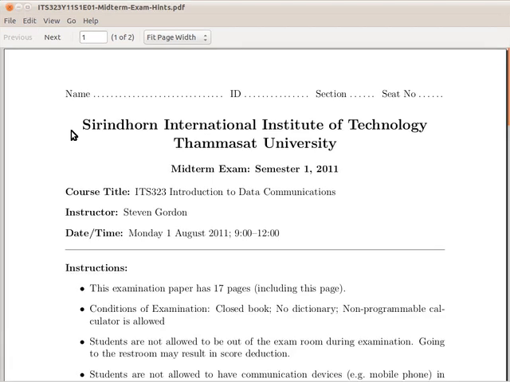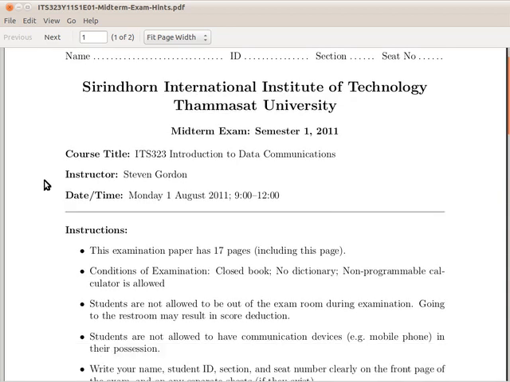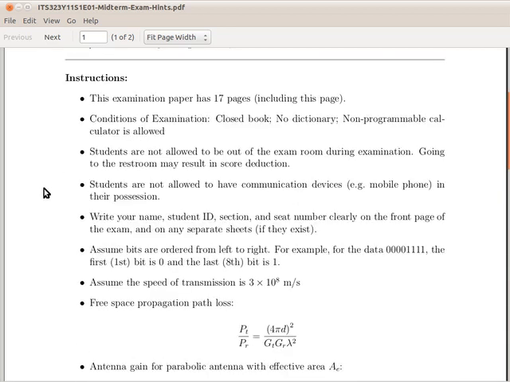You have answer for this in web. Yep. Okay. Hang on, here's the midterm for this year. So just the front page. 17 pages is the length of the exam.